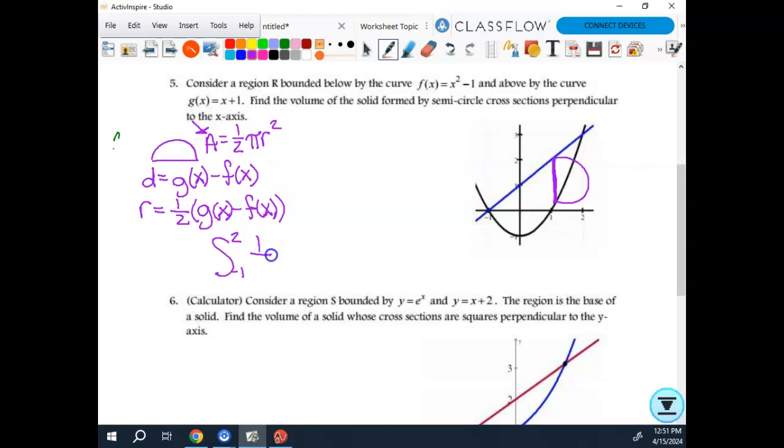So it's going to be 1/2 times pi times, this is the radius, 1/2 times negative x squared plus x plus 2, squared. Check out my parentheses, okay? This whole thing is the radius, so this whole thing has to be squared. And if I don't already have that distributed in there, it's going to have to have a parenthesis there too. Does that make sense? All right, and then dx.